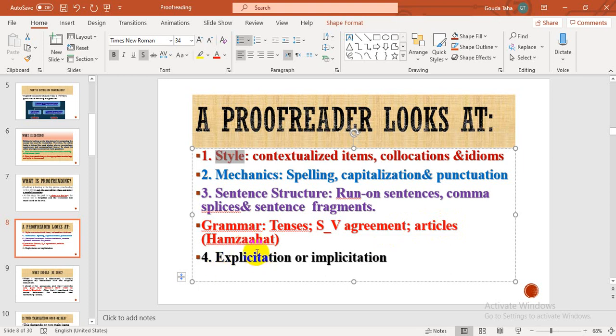And also you need to keep in mind that at some point we need to be much more explicit and in others we need to be implicit. We need to add and we need to be concise.